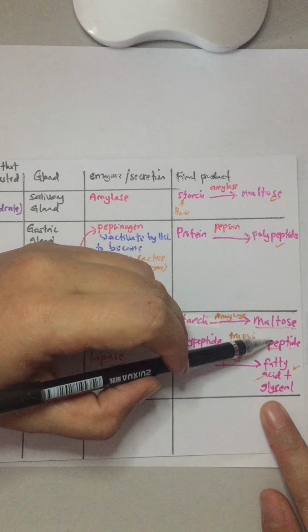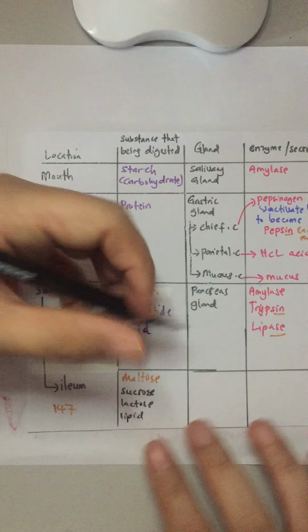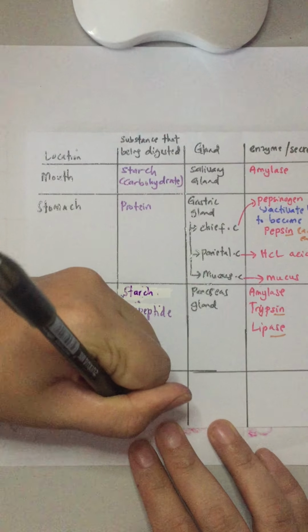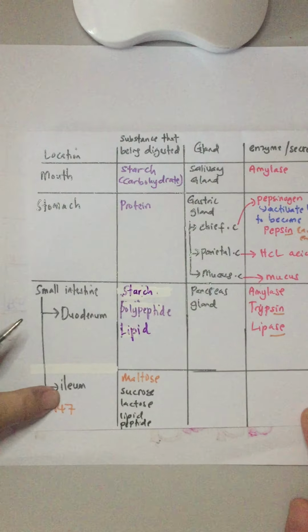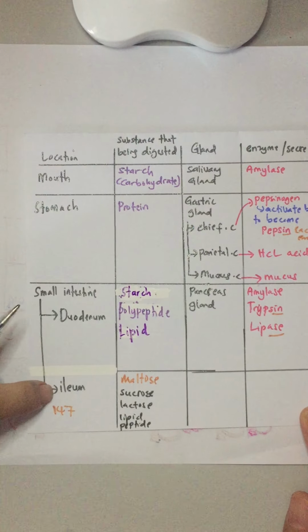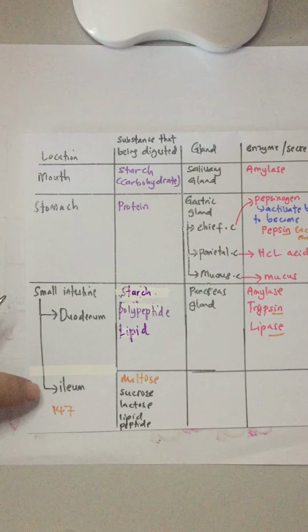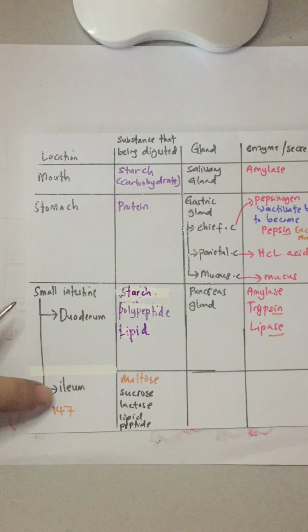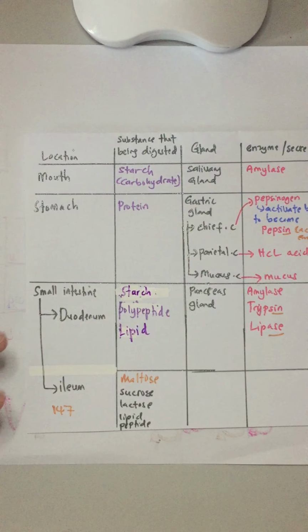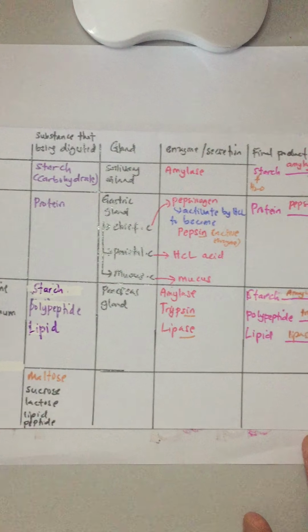Peptide. So peptide ni pun sambung di ileum. So di ileum ni, ileum adalah di small intestine. So ileum ni dia adalah macam final destination lah, sebelum habis daripada small intestine ni, ini adalah tempat final di mana semua mesti digested into a simplest form.